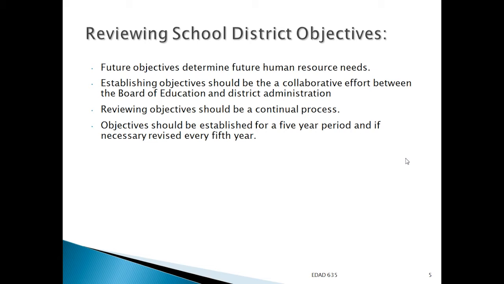Much of what will happen for the school district in terms of its goals and objectives obviously comes through the school board and the superintendent of schools. But I would contend to you as building level leadership that you too have a big role in this. You too will develop an individual vision for your building or area of responsibility in the organization.